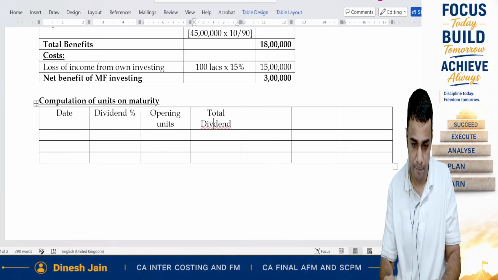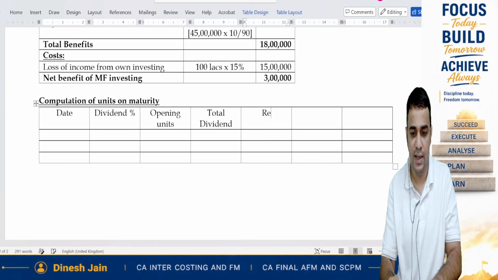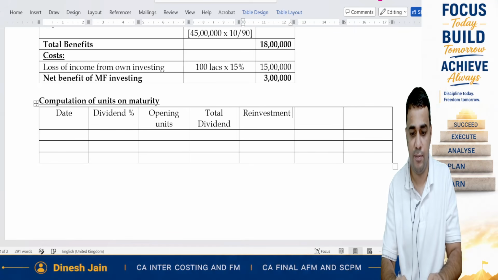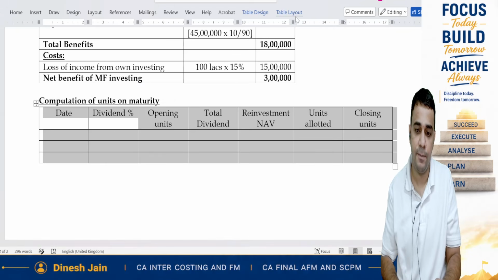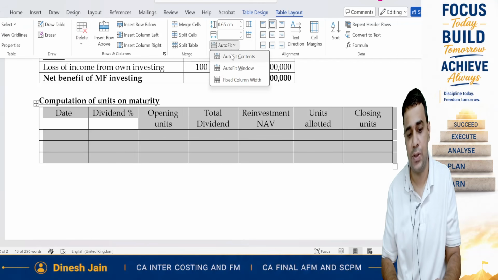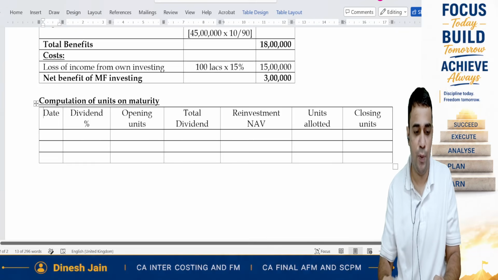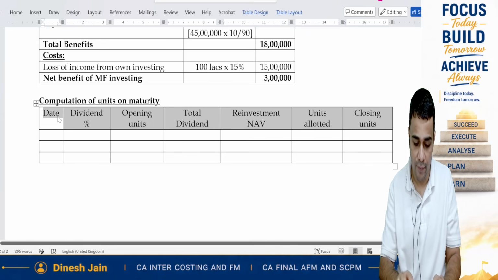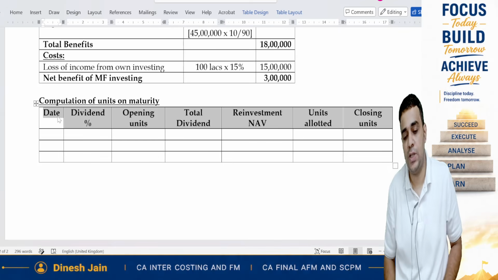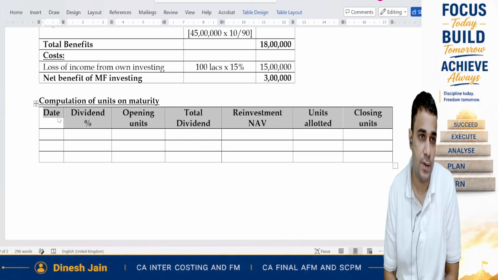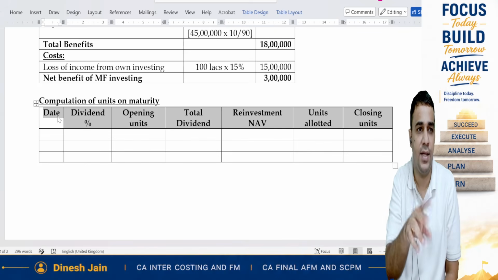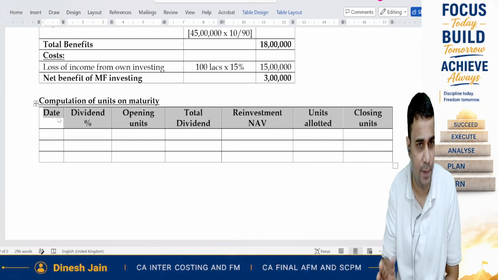The columns are: dividend percentage, opening units, total dividend, reinvestment NAV, units allotted, closing units. I should ideally interchange the second and the third column, but it wouldn't really matter.